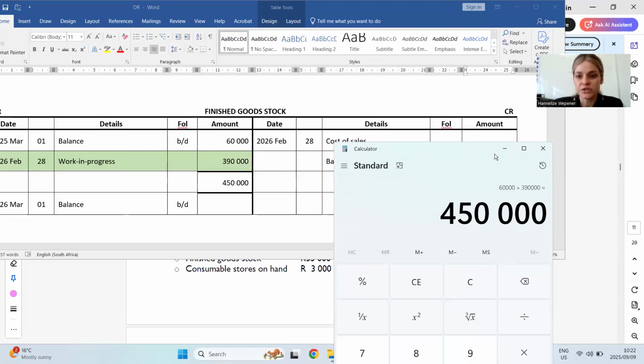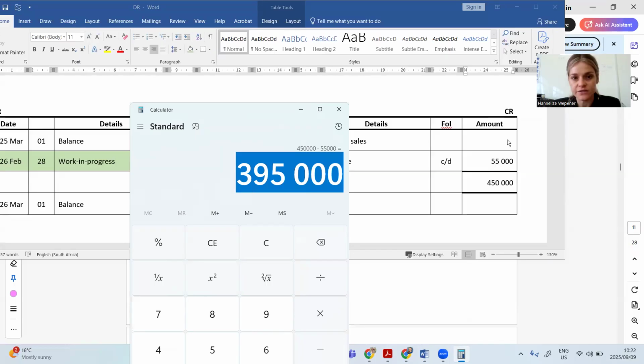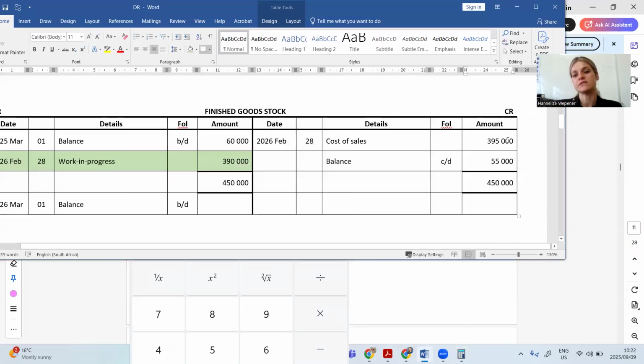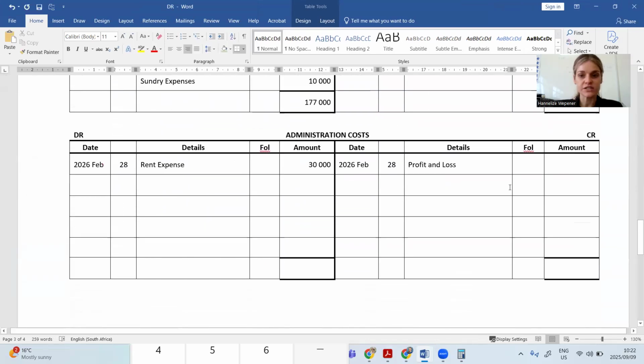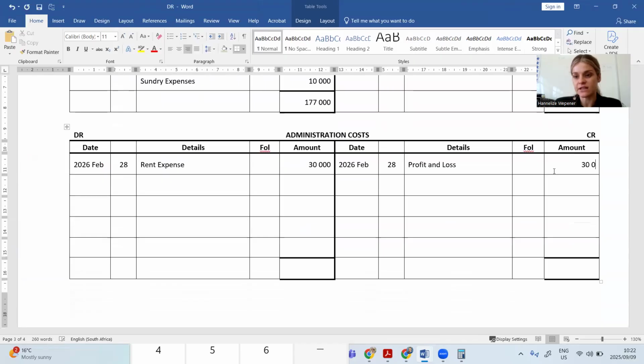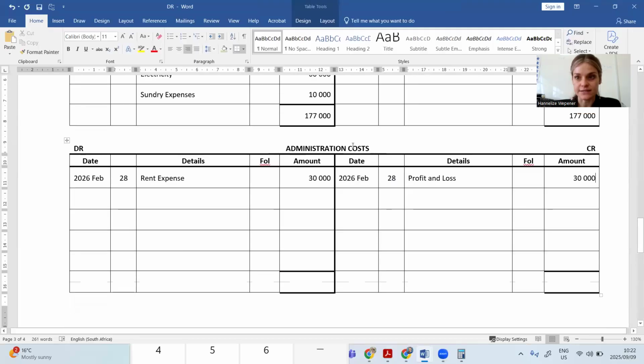Of which you haven't yet sold 55,000 Rand. So in other words, your cost of sales for this year amounted to 395,000. For your administration costs, you only had your rent expense. So that's the only amount going to profit and loss. And we didn't have any selling and distribution costs there.